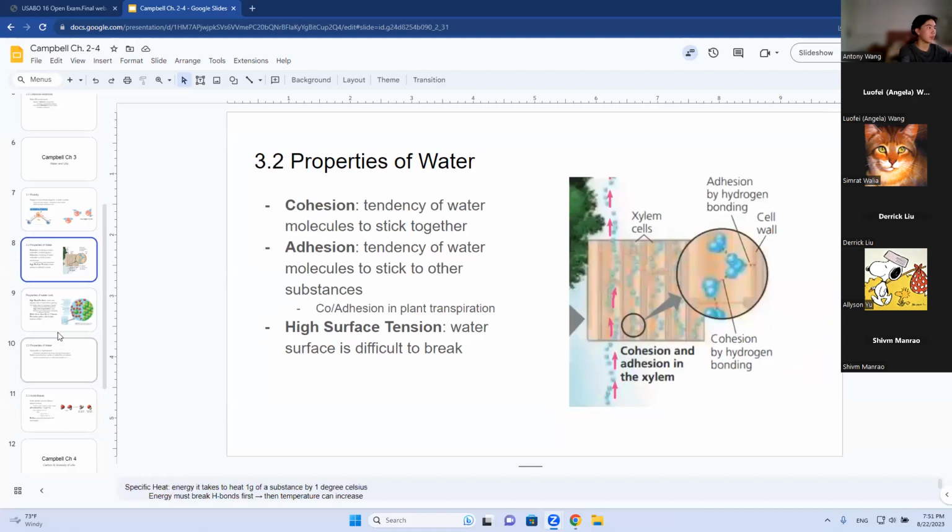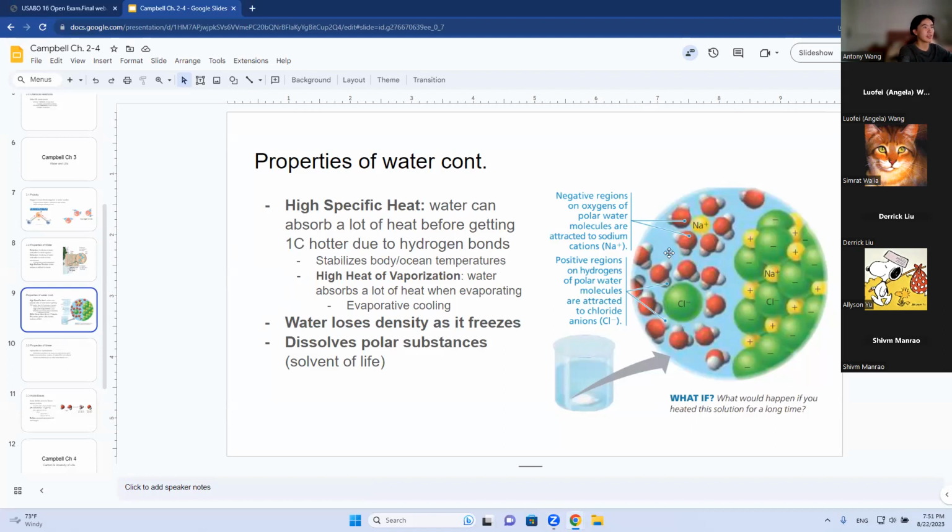Oh, that's not zooming in. Notice how in this case, all the positive parts of water are attracted to the chloride atom. That's how water molecules will pull chlorides from this mass into solution and surround them so that they can't reform a salt.